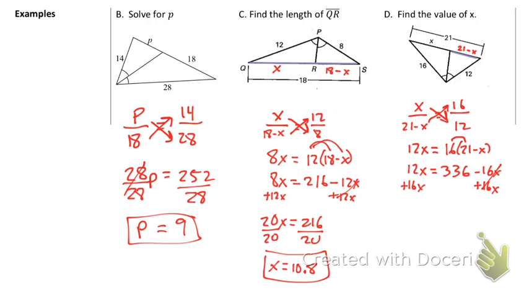This gives me 28X equals 336. And we divide both sides by 28 to solve. X equals 12. And this is examples of the angle bisector theorem.